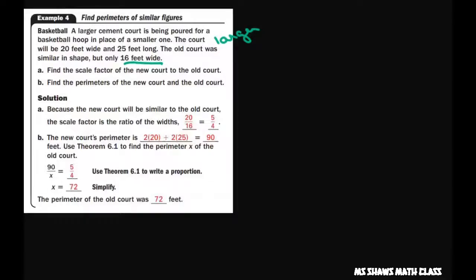So what we have is the feet and the width. The new court is 20, and the old court is 16. Divide both of these by 4, and you get 5 over 4. That's what they did here. So the new court's perimeter is going to equal, the perimeter is 2L plus 2W.